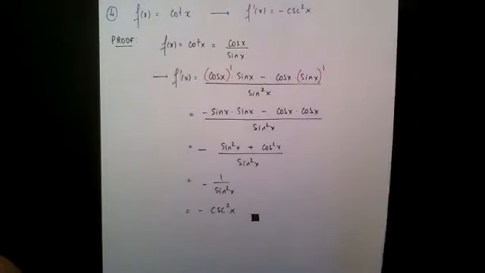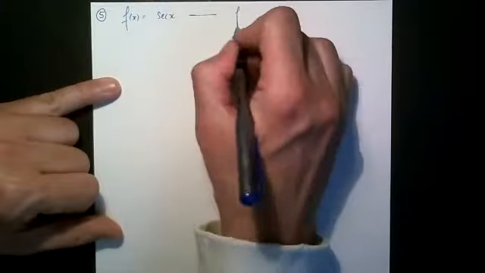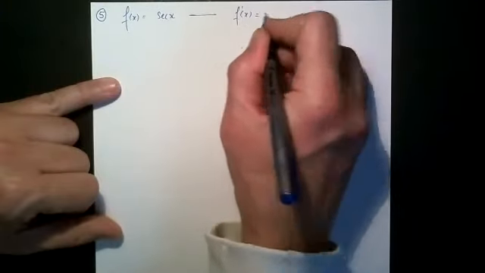Number 5. f of x is secant of x. Then what is the derivative of secant of x?